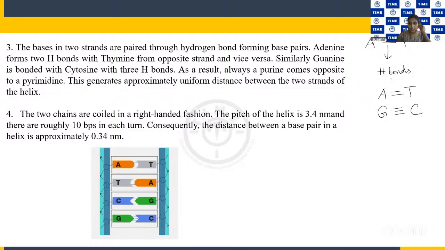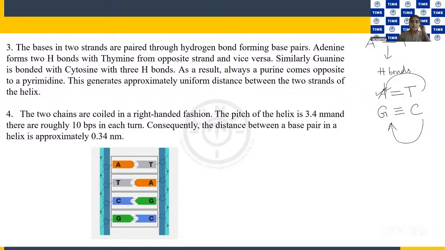So you need to learn that adenine is complementary to thymine and vice versa. Thymine is complementary to adenine. Guanine is complementary to cytosine and cytosine is complementary to guanine. And they are linked through hydrogen bonds: in case of adenine and thymine via two hydrogen bonds, guanine and cytosine via three hydrogen bonds.